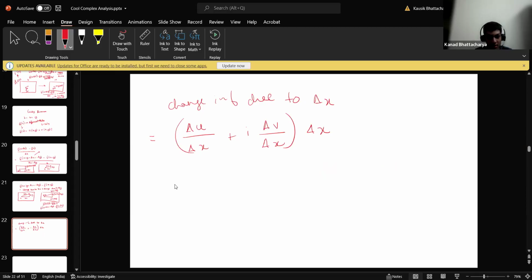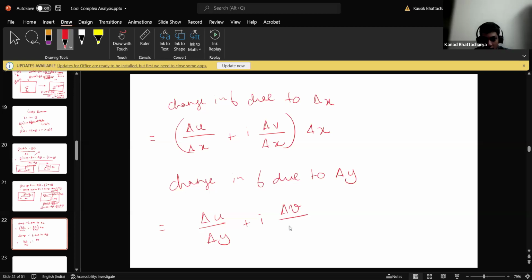And now similarly, the change in f due to delta y is nothing but delta u by delta y plus i delta v by delta y. Why is my handwriting so bad? Does this make sense so far?